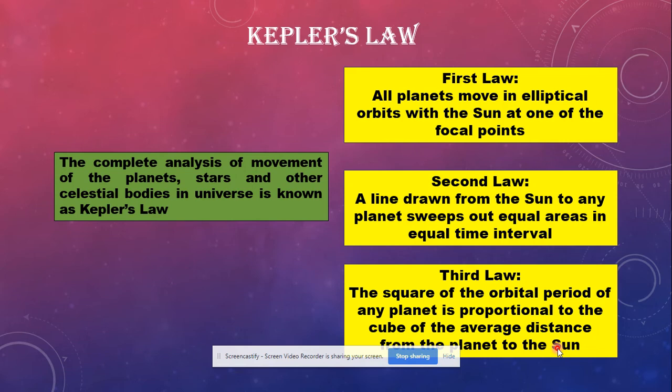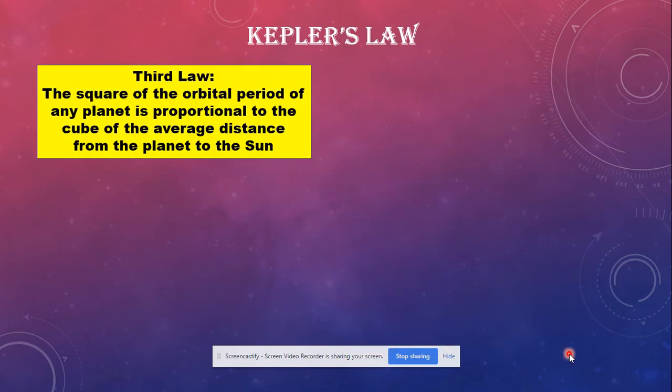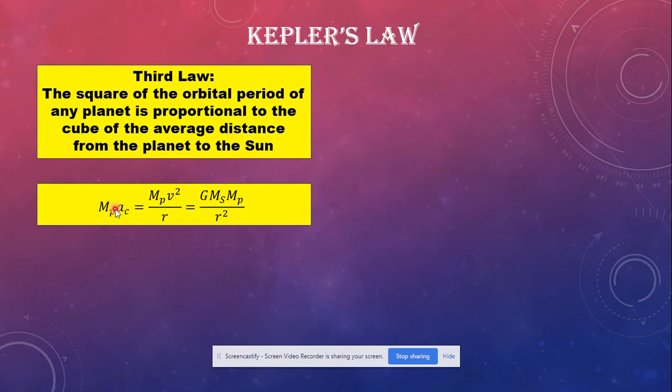This law can also be expressed in terms of equations, and those equations can be derived by using Newton's second law, which states that force is equal to the product of mass and acceleration. In this equation, mass is the mass of the planet, and a, the acceleration, represents the centripetal acceleration. And you learned previously that centripetal acceleration can be written as v squared over r.